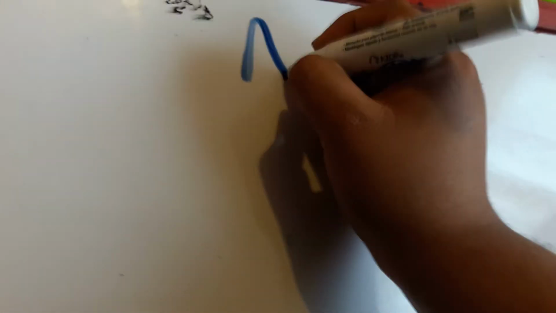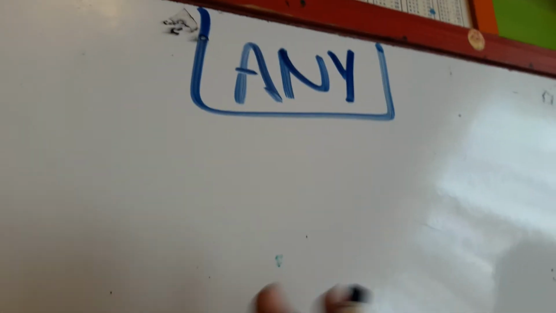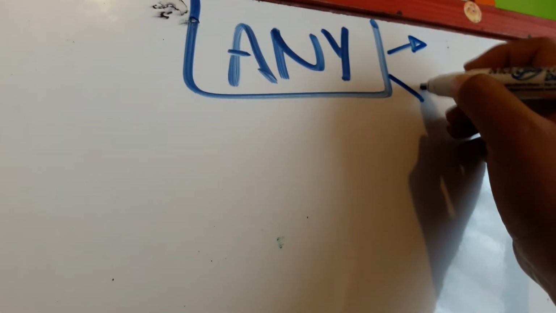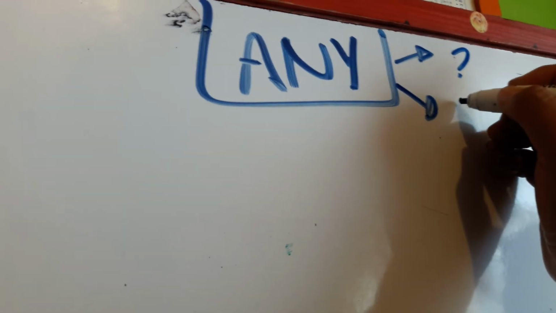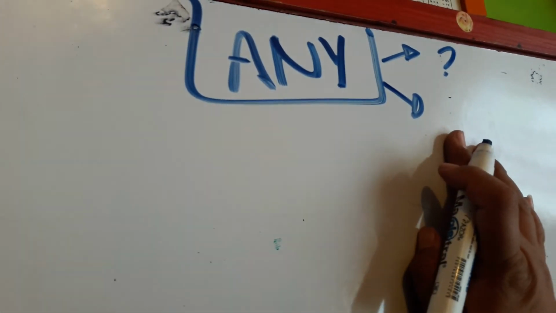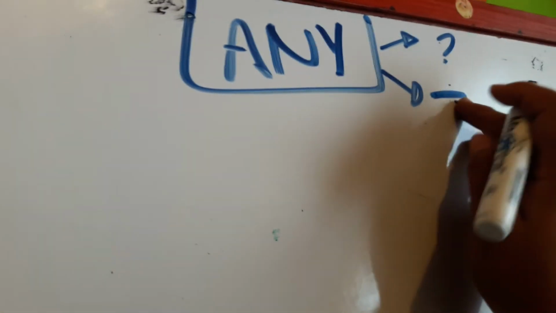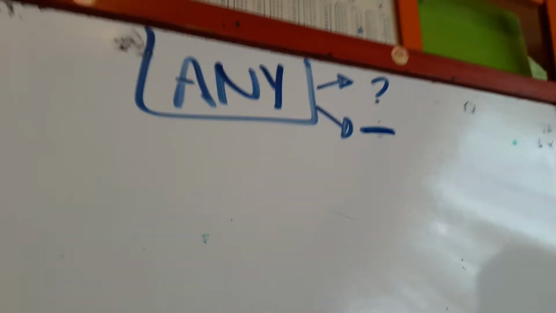Now let's continue with the other word that is important. Any. Remember here we have two ways of any. We use in questions and also we use in negative. Okay, negative sentences. So let's do an example of the first one, the question one.